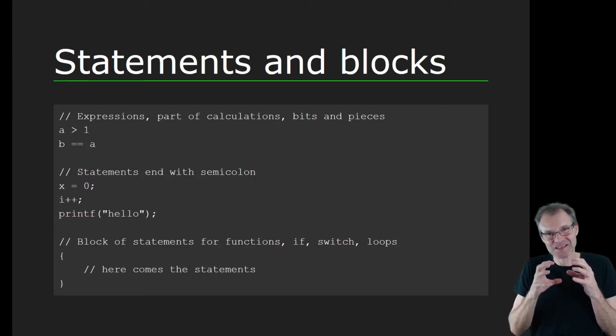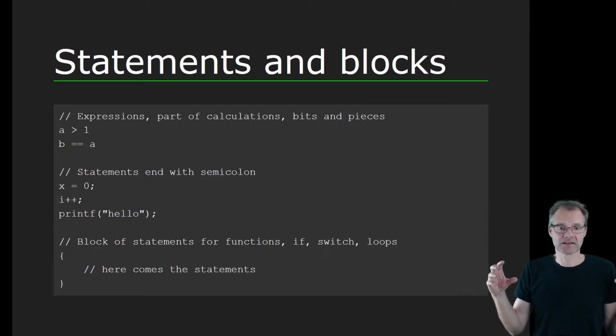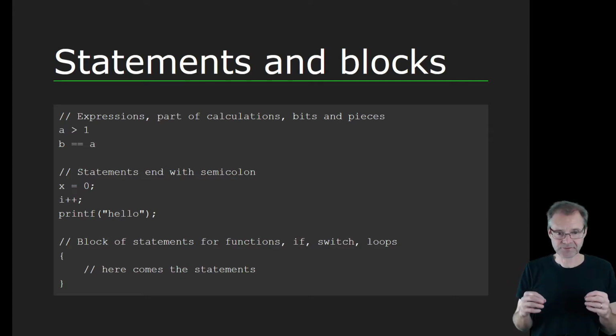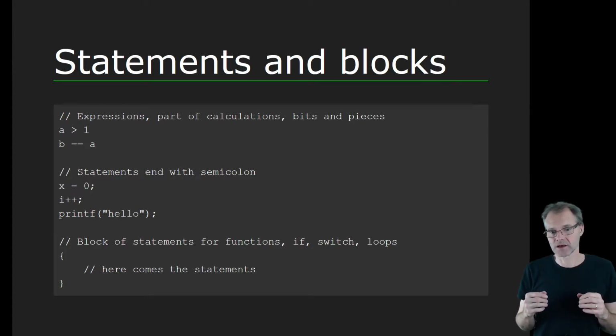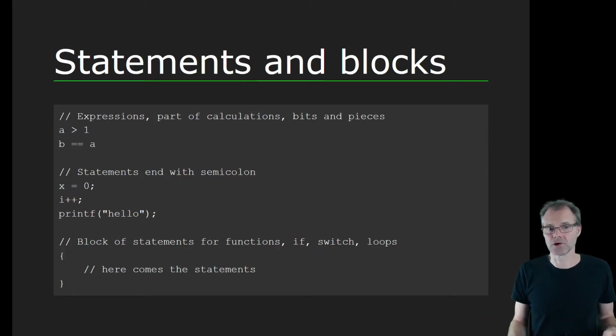A statement is a complete statement that ends with a semicolon. Here we have an assignment statement, incrementing, calling a printf. These are all statements ending with a semicolon. And then we can organize statements into blocks of statements. We have the block braces here, and we usually see this when we organize code in functions, if statements, switch, or loop statements.